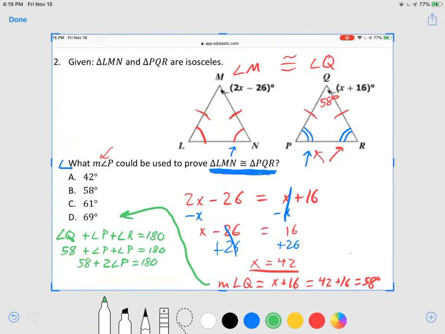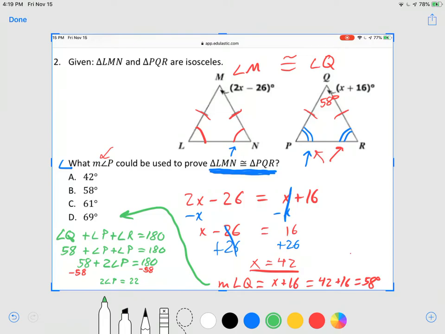And if you want to solve for P here, you have to subtract the 58 first. Subtract 58. So we get 2 times angle P is equal to, this is 22, I believe. Yeah, 22. I think I did something wrong.